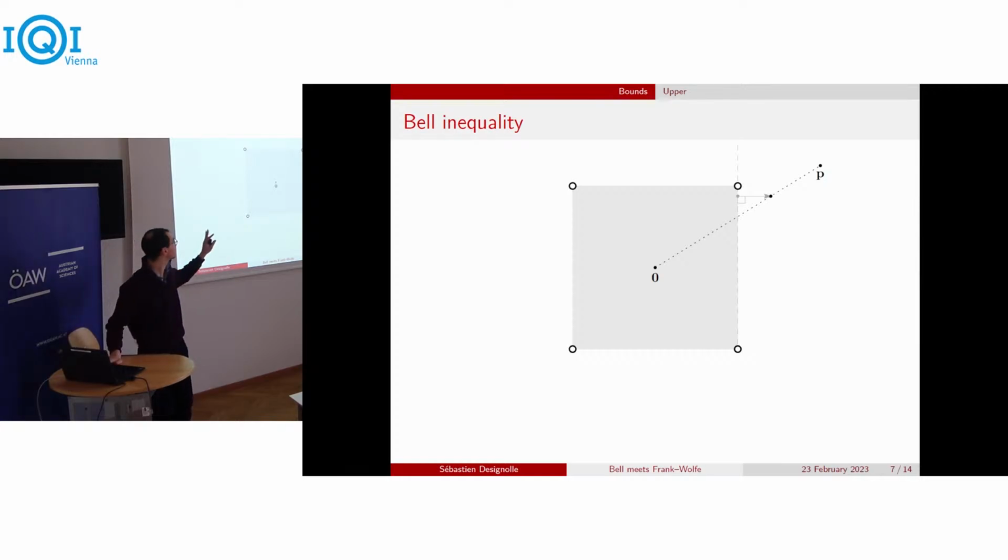This is what this picture is trying to convey. If I get sufficiently close to the actual threshold, then this vector between the orthogonal projection and this point here on the line between 0 and P will actually be a valid Bell inequality, a good one, which has chances to be a facet.